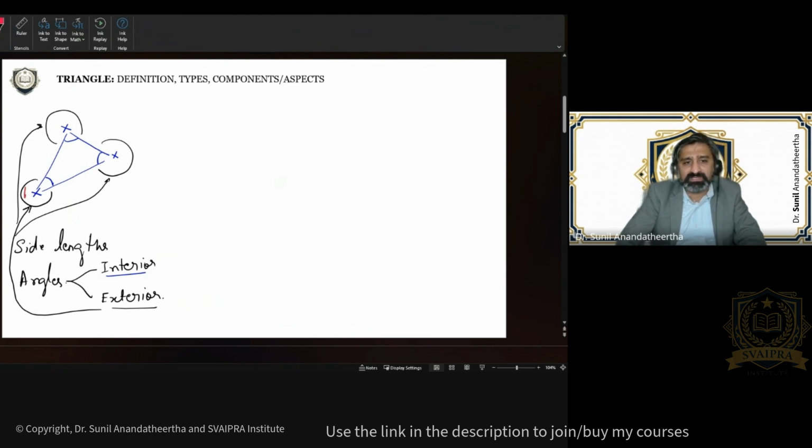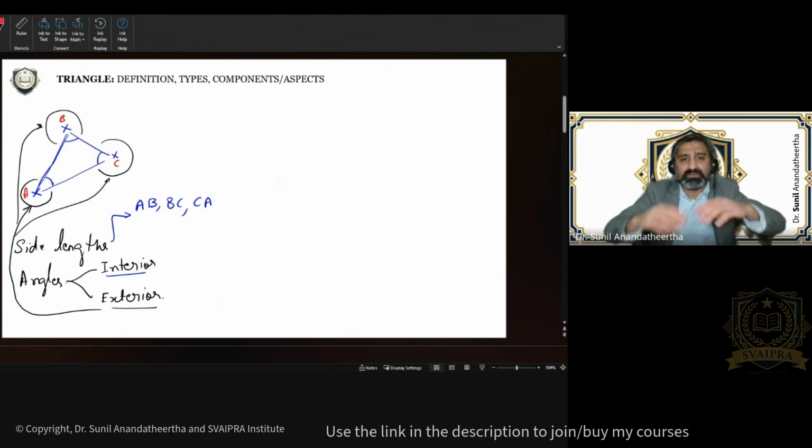If I name the vertices A, B and C, the side lengths are AB, BC, and CA. These are the sides of a triangle. Sides of a triangle have a length associated with them because each is a line, and a triangle having three lines has three side lengths: AB, BC, and CA.